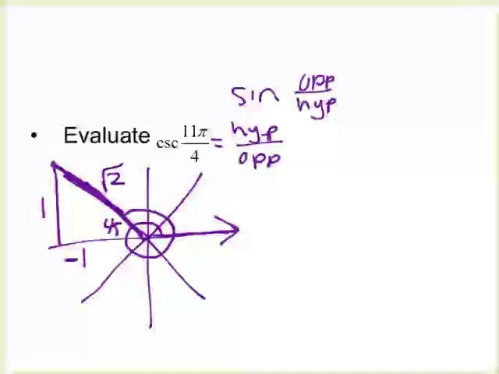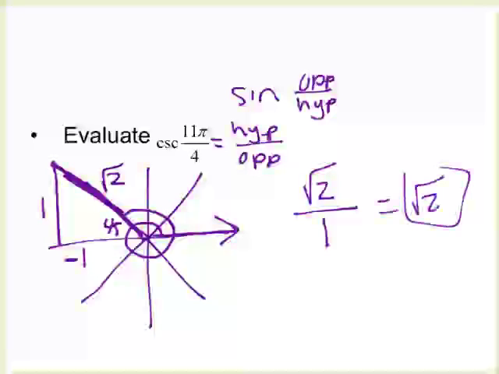What's the hypotenuse in our triangle? Square root of 2. What is opposite of our reference angle? The positive 1. So we get square root of 2 over positive 1, or just square root of 2. If you left it at square root of 2 over 1, I would accept that answer.